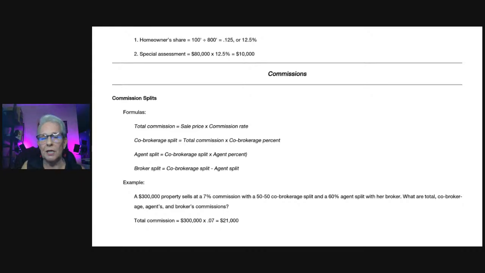Once we reach here in Texas 2.66 million in sales, at a 70-30 percentage, then we're at 100%, meaning no commission is paid to the brokerage anymore. However, there still is a transaction fee per transaction and an error and omission fee. So each brokerage is different.